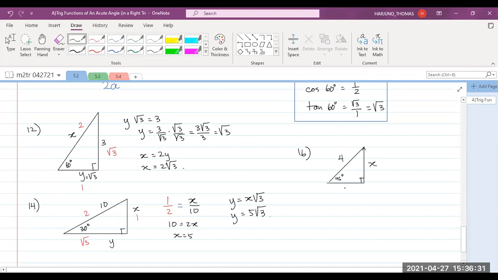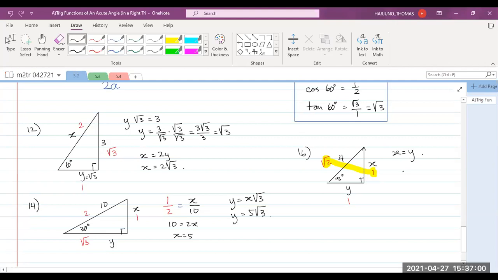What is x? What is y? Because this is a 45 degree triangle, x must equal y, right? X equals y. That one we know. Now, the ratio is 1, 1, radical 2. In other words, from x to the hypotenuse, you multiply by radical 2.